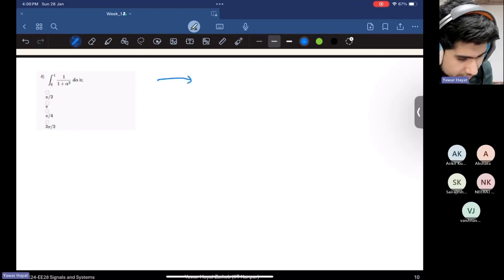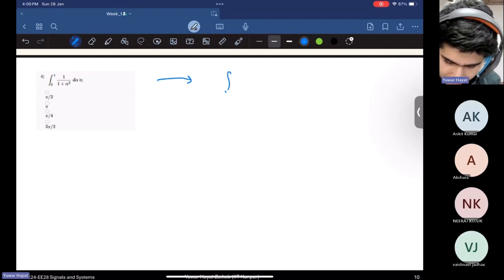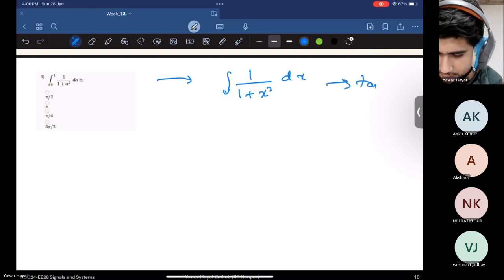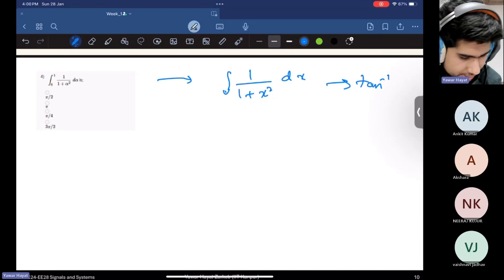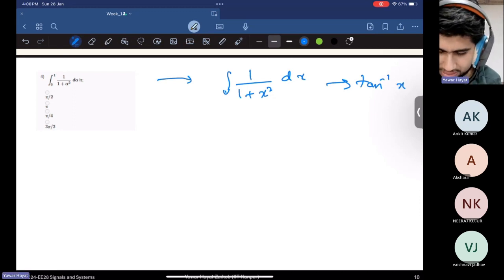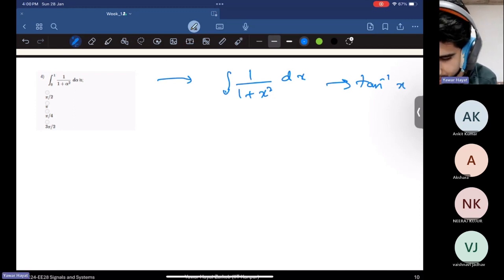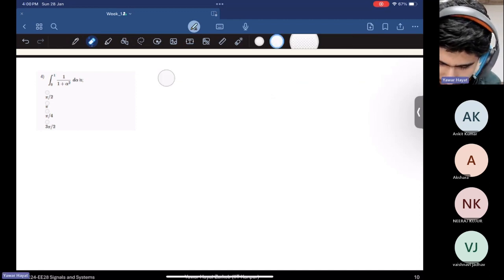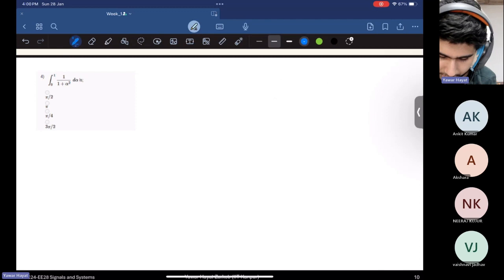The value of this is a well-known integral: the integral of 1 by 1 plus x square dx is tan inverse of x. There is a constant of integration for this indefinite integral, but you can ignore that because the problem asked is of a definite integral.